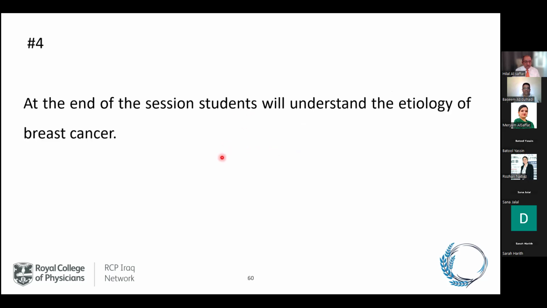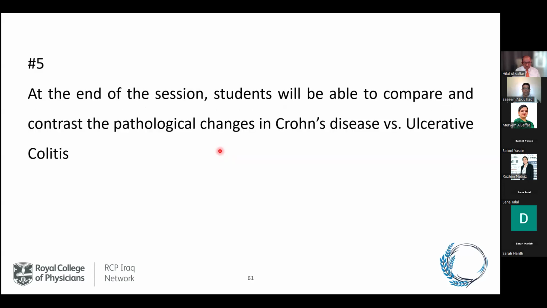Objective number 4, at the end of the session, students will understand the etiology of breast cancer. This is an easy question. Unmeasurable, yes, because the verb understand is one of the poor verbs or bad verbs used in writing learning objectives. Number 5, last one, at the end of the session, students will be able to compare and contrast the pathological changes in Crohn's disease versus ulcerative colitis.